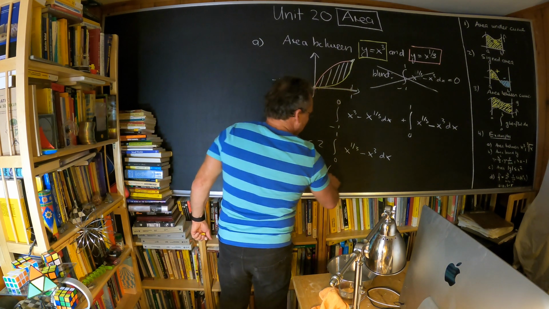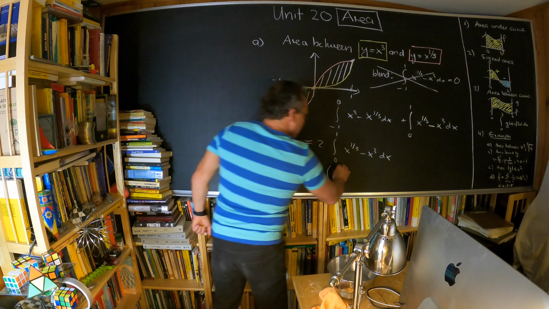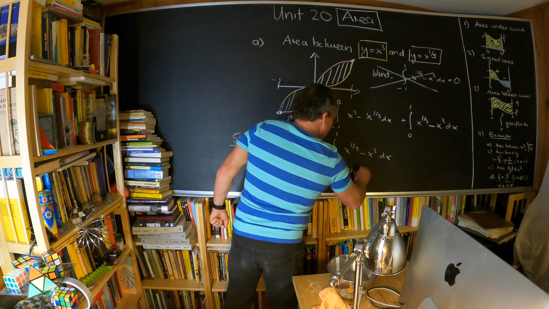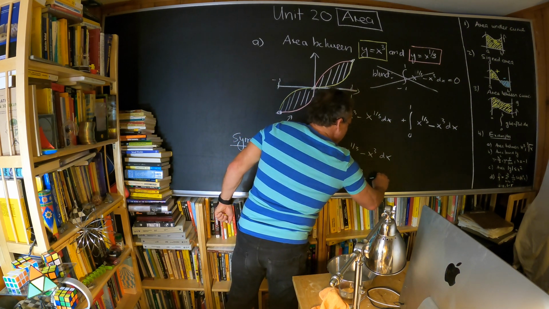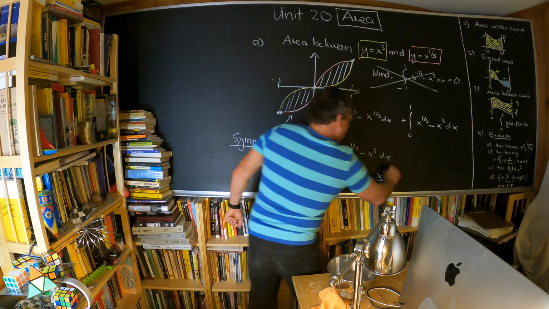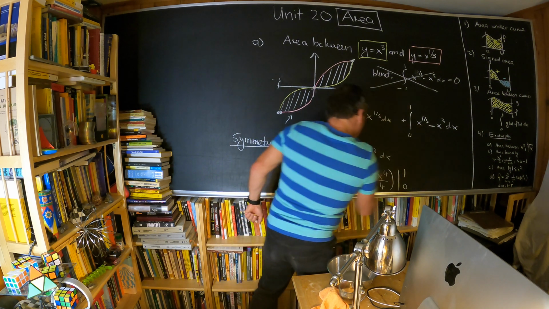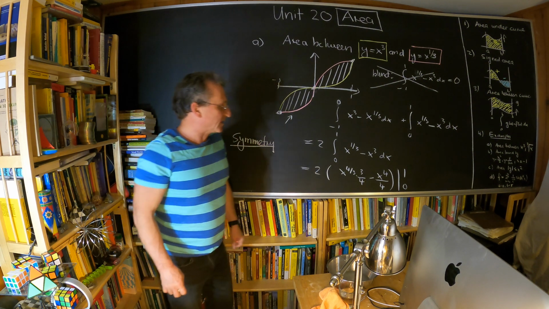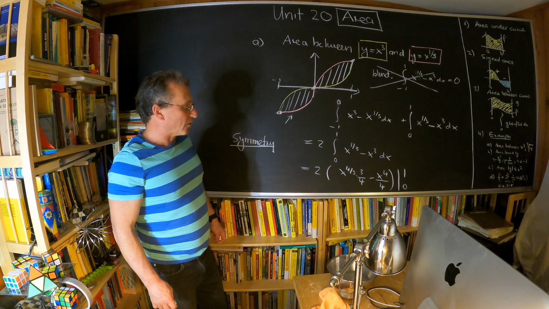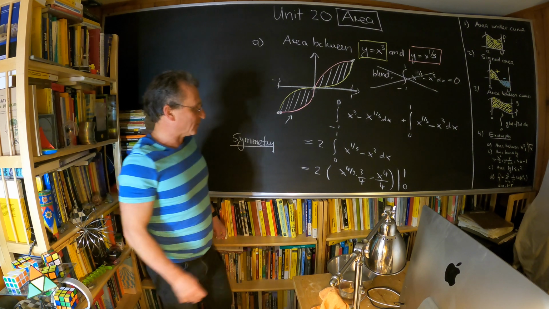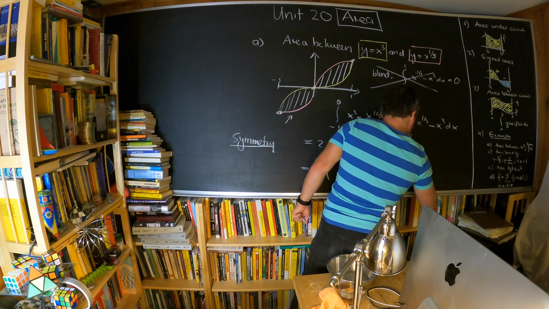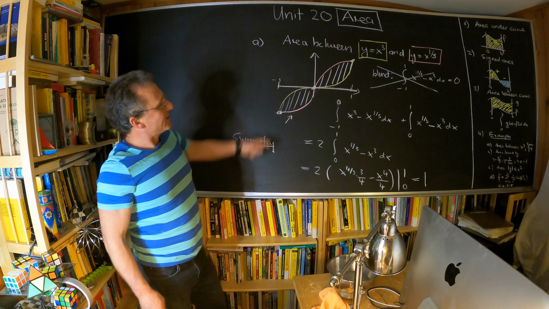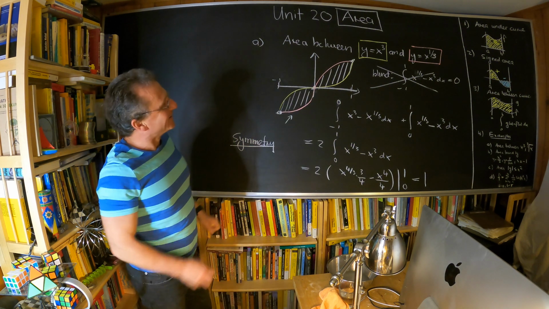The integral of x to the 1/3 gives x to the 4/3 times 3/4, and this gives you x to the 4 over 4. We evaluate this from 0 to 1. When we take 0, we get 0. When we take 1, we get 3/4 minus 1/4. That's 1/2. So this is just equal to 1. So this area is just 1. Pretty cool.